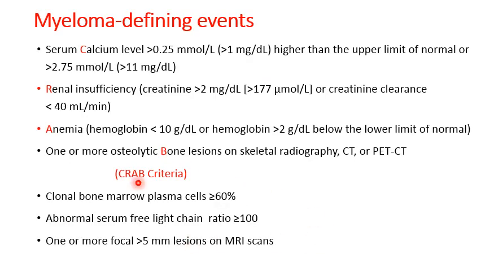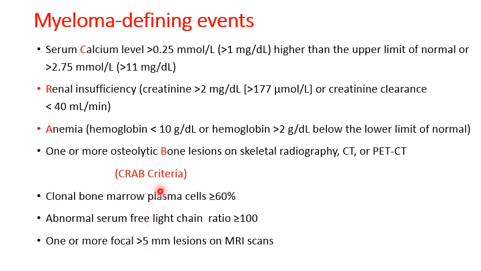Commonly we call it the CRAB criteria. C is for increased calcium, then renal insufficiency, anemia, or bone lesions. So with the bone marrow involvement, if the patient has one of these things, it is diagnostic, and we can label the patient as having active multiple myeloma.